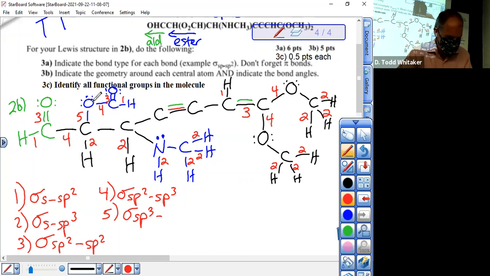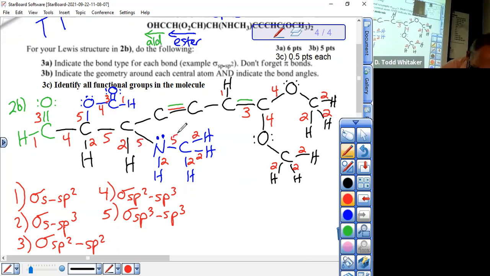That's the oxygen right here. And then 5. We're not done with 5. That's a 5 there. That's a 5 there. That's a 5 there. That's a 5 here and here. And that's all of the 5s.